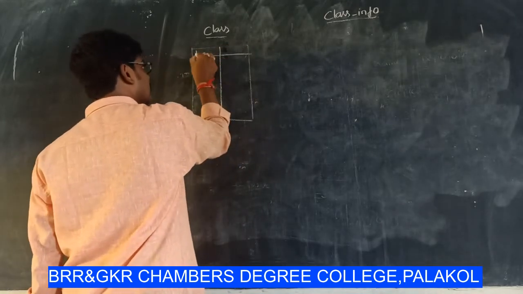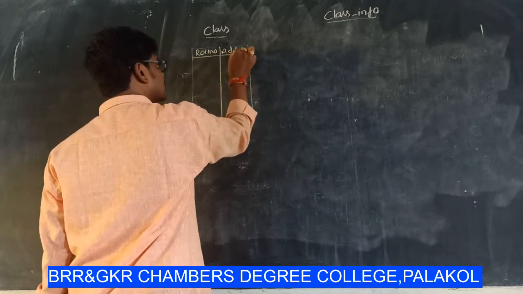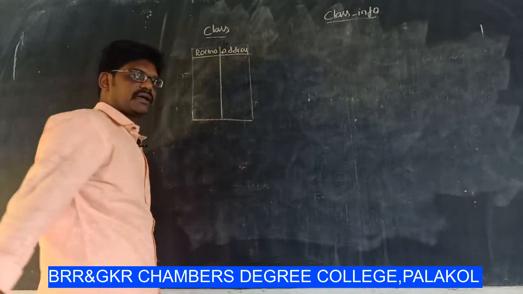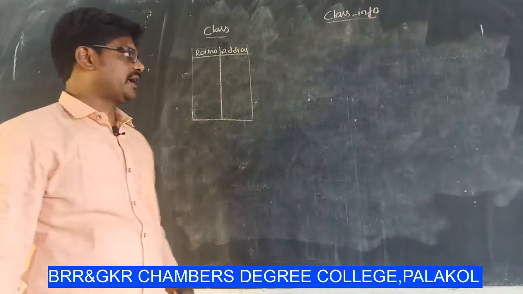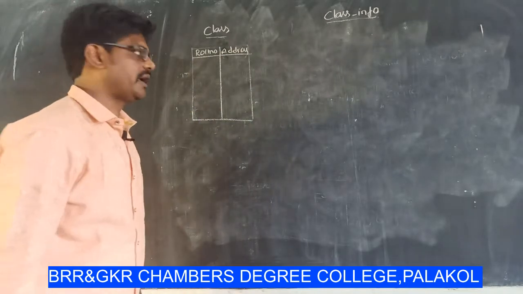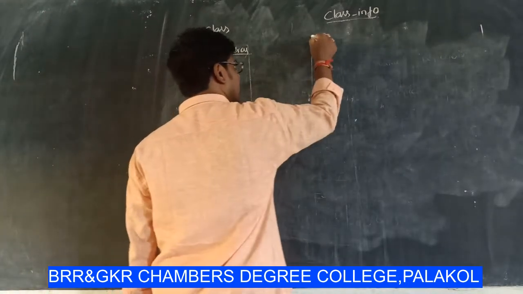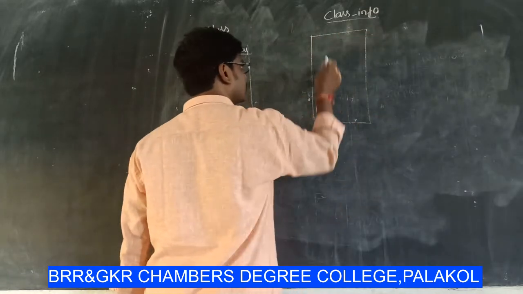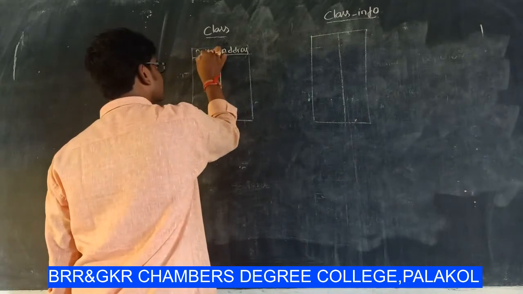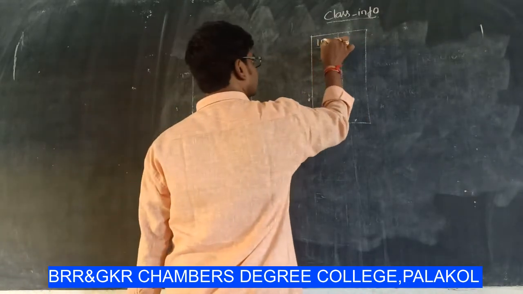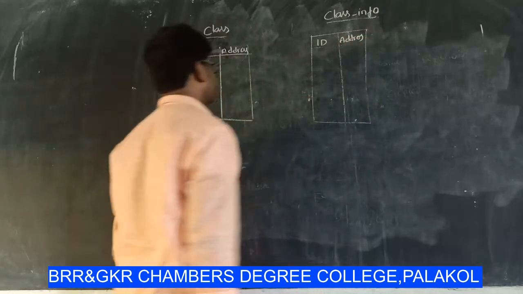One has roll number and address, so that is ID, and the next one has ID and address.